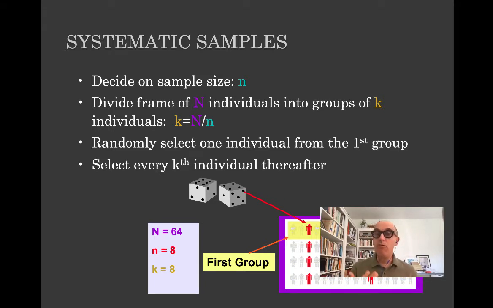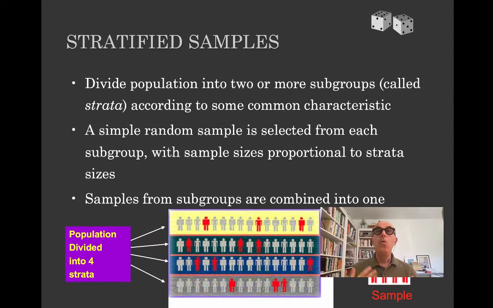Then we randomly select one individual from the first group and select every kth individual afterwards. So in this case, we have a data frame of 64, we have selected 8, and k is 8. We will go over that, I promise. This is just the framework that I will elaborate on later.